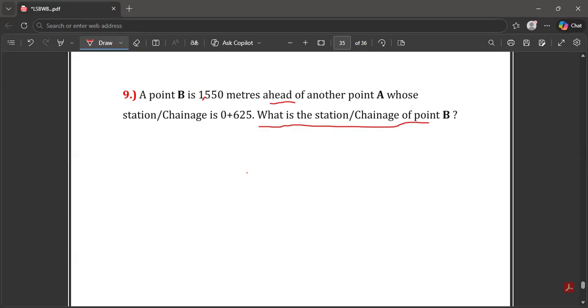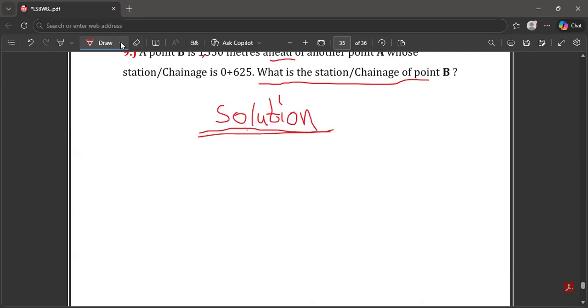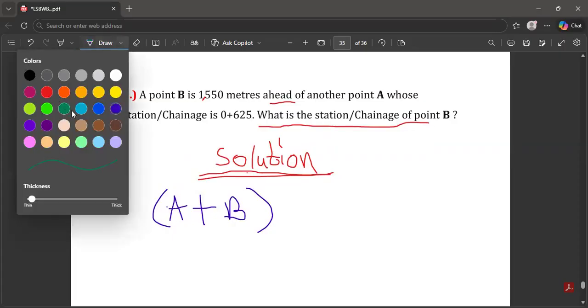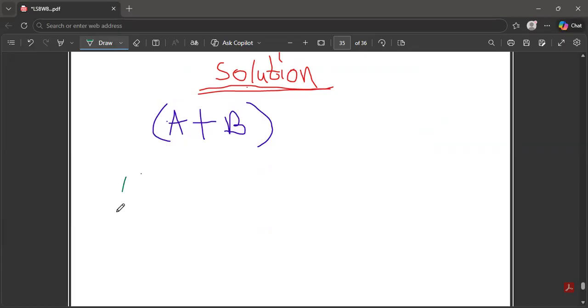So this is our solution. The rule we have adopted is that we are going to add, that is A plus B, but they must all be in the same form. Let's list them out.